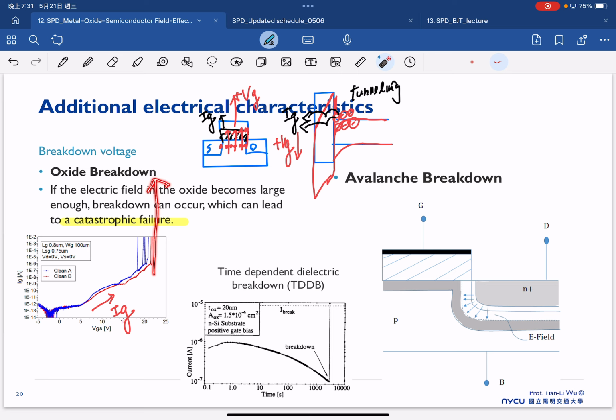The huge current increase suggests that the dielectric actually loses its insulating property.